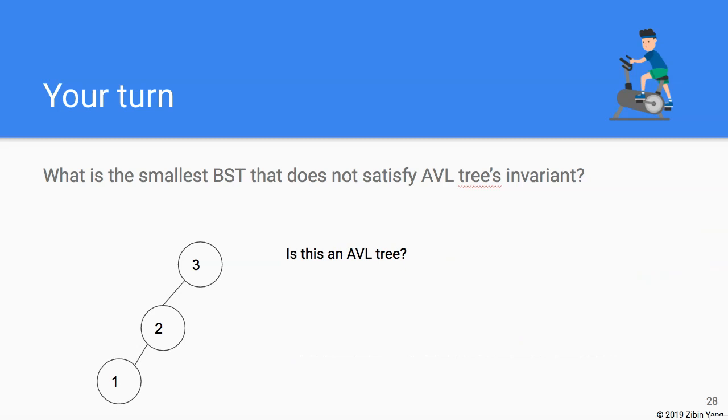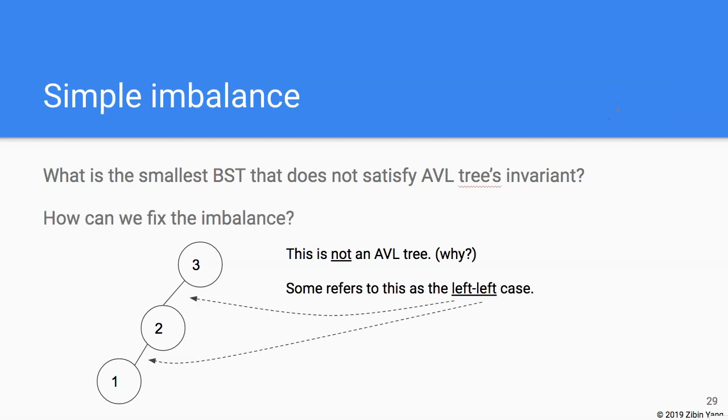Okay, next one. Think about this one now. Now that we have 3 nodes, is this an AVL tree? Well, it's not an AVL tree, because the left subtree of 3 has a height of 1, and there are 2 nodes, right?